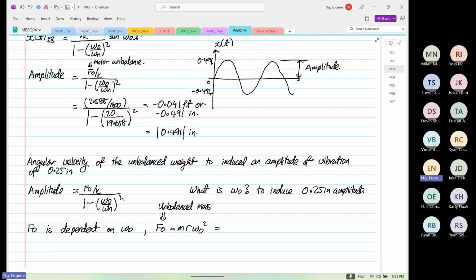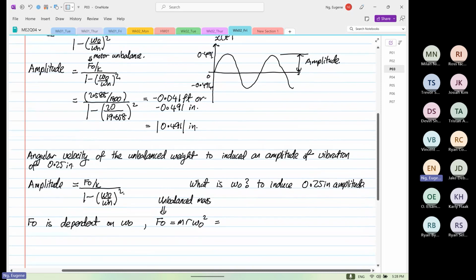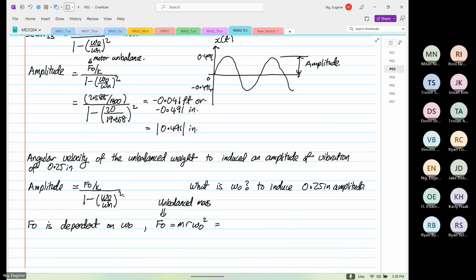Some of you might say, Eugene, why don't you use the value for the mass of the structure? No, we are looking at the unbalanced motor. So now this will be equal to 0.25 divided by 32.2.